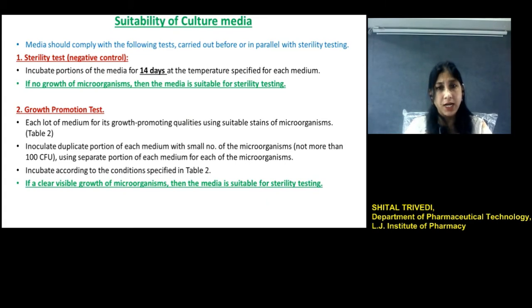Another test is the growth promotion test. This test checks whether the medium that is used will support the growth of microorganisms present in the sample or not. This test involves specific types of microorganisms depending on the culture medium that is involved, and this information can be obtained from Table 2.